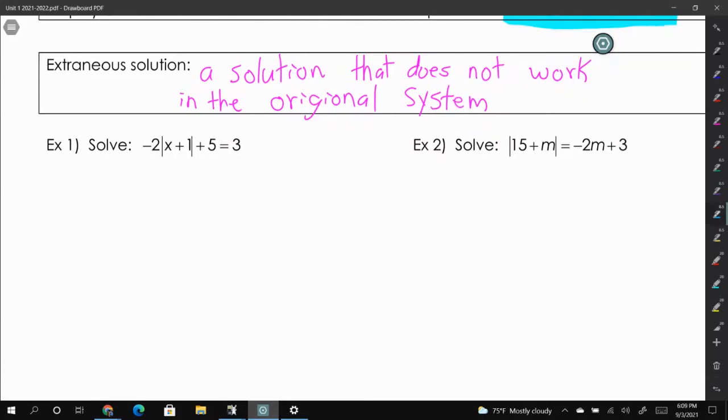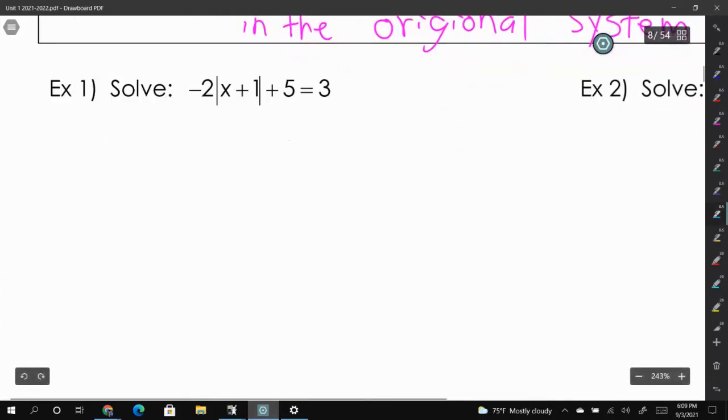When we would solve any equation, we wanted to get x by itself first. Absolute value equations are the same way, except we need to get the absolute value bars by itself first. So we have to do the algebra to get that by itself. So we'll subtract 5 from both sides first. That gives us -2 times the absolute value of x plus 1 equals -2.